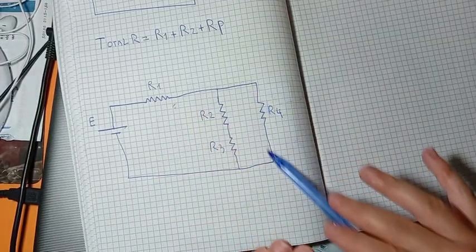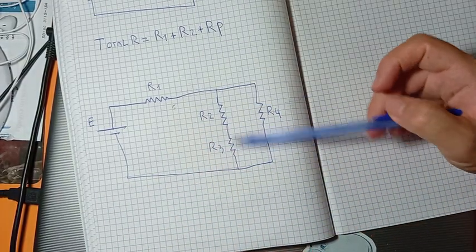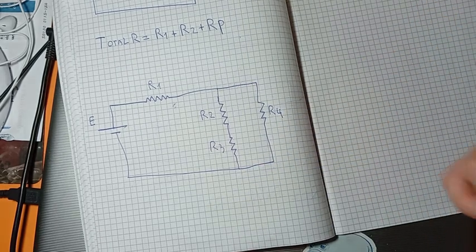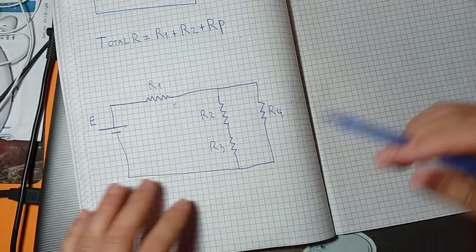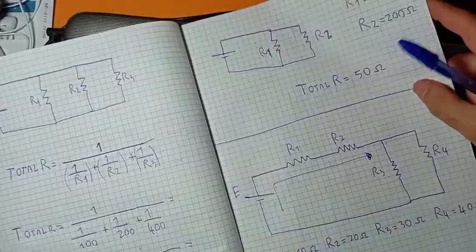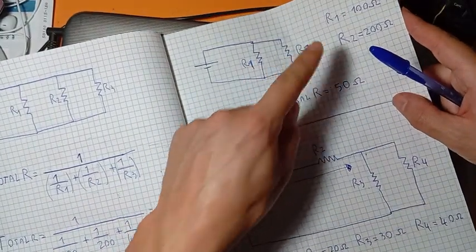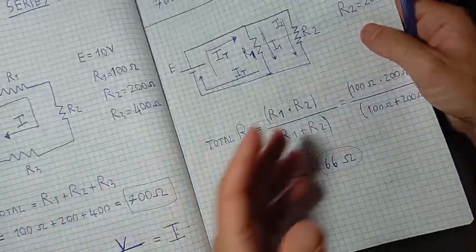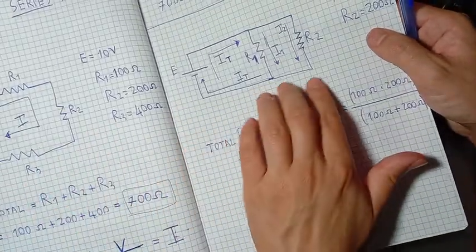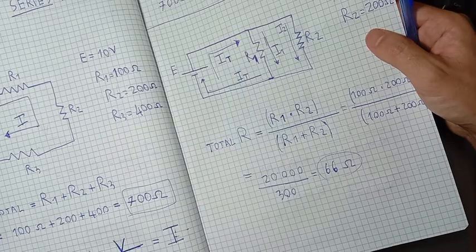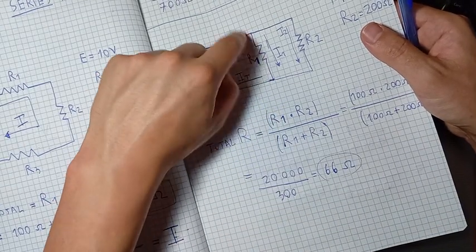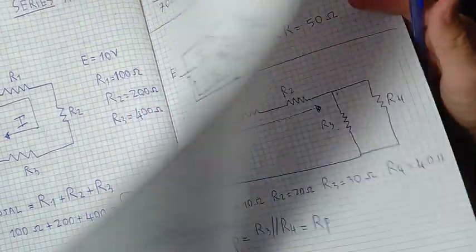But here we have two branches. And these two branches, this branch and this other branch, they are in parallel, okay? If one branch has one resistor and the other branch has one resistor, I just use this formula and I could say that these two resistors are in parallel. I could say this, but it's not really like this. It's still one branch in parallel with the other branch.